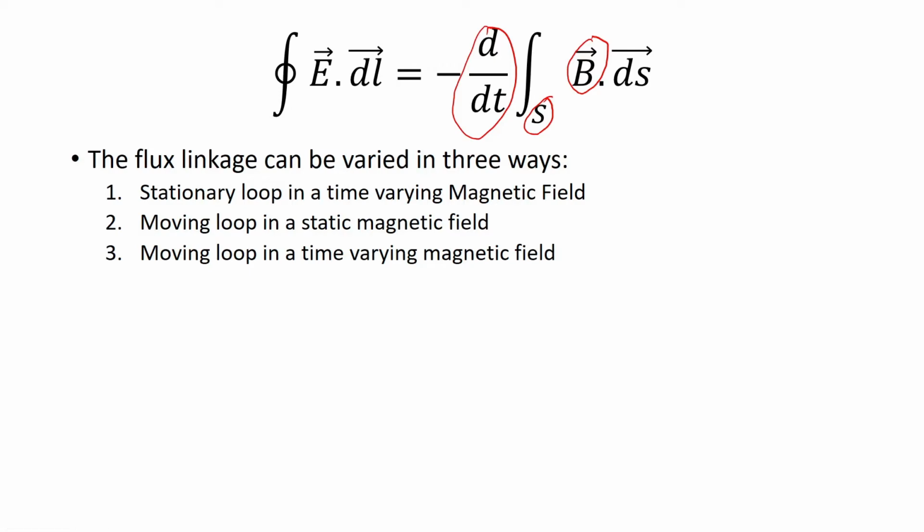The first is when the loop is constant, meaning the surface is constant, but there is a change in the magnetic flux density. The second way of obtaining a change in flux is when the magnetic flux density is constant, but the loop is moving.